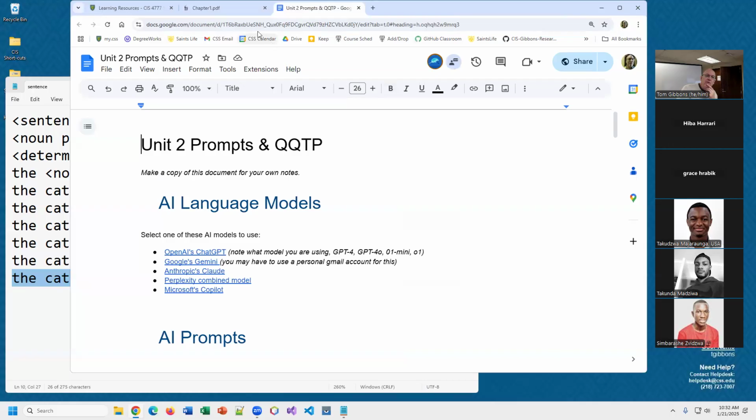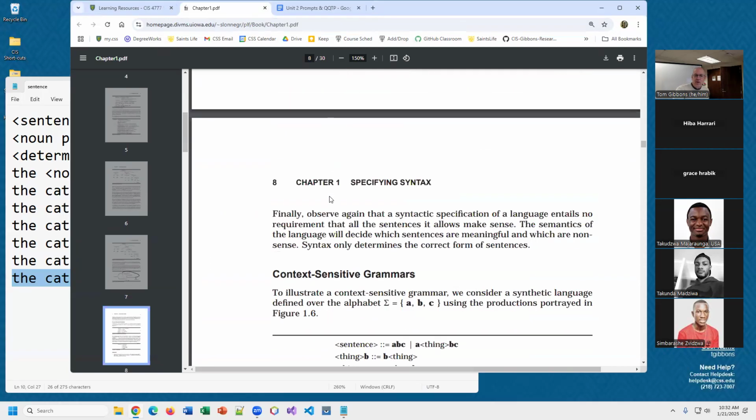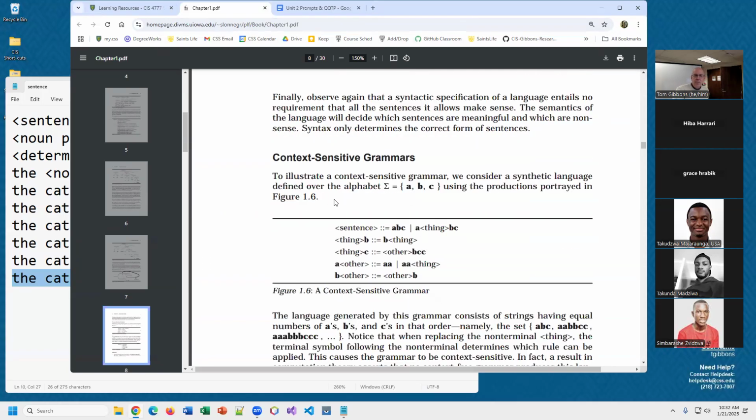So we will tend to stick with our BNF format. I'm going to stop here in the textbook, where we get into context-sensitive grammars. We'll talk more about those next week. This week, we're really just trying to figure out how this BNF format works for us.